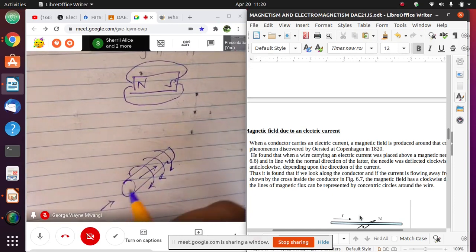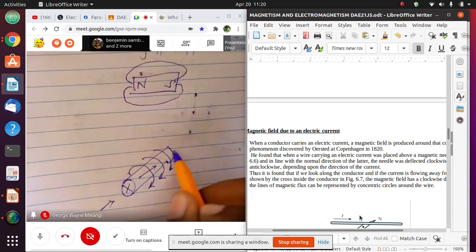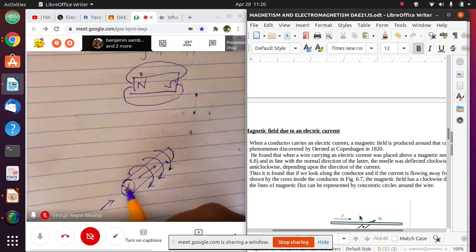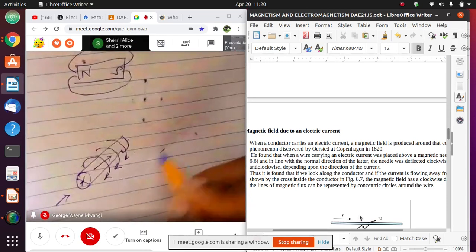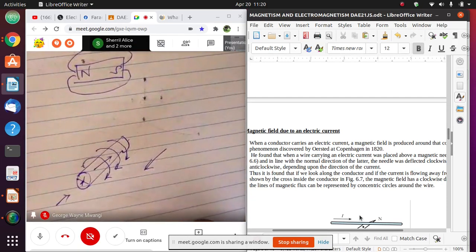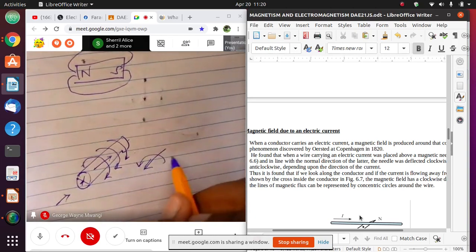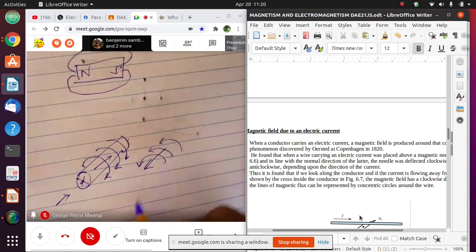If the current is moving from this end to this end, and we look at it from this point, the direction of the magnetic field will be clockwise. And the opposite: if the current is moving in this other direction, then the direction of the magnetic field will be anti-clockwise.